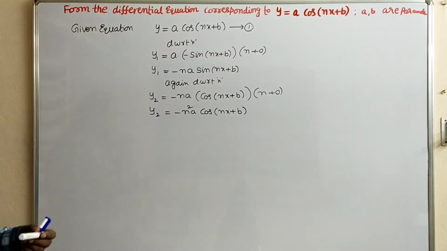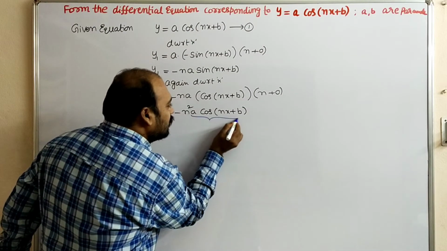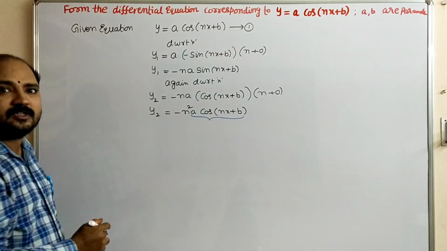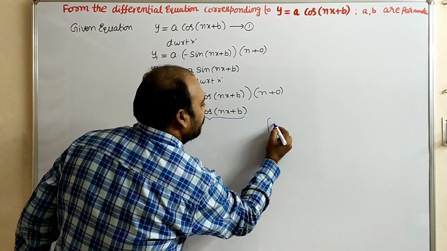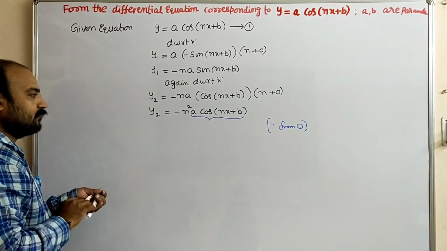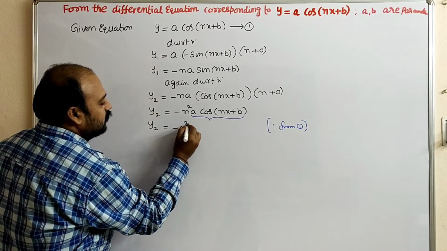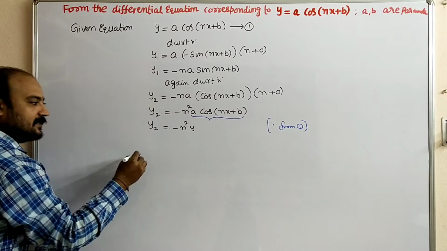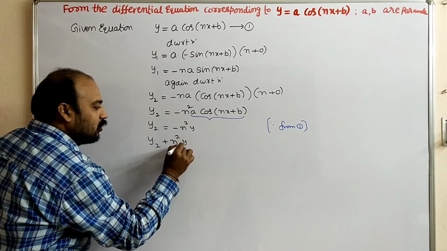And you have to remember, from equation 1, a into cos of (nx plus b) value is y. So y2 equal to minus n square y. We take that value to this side: y2 plus n square y equal to 0.